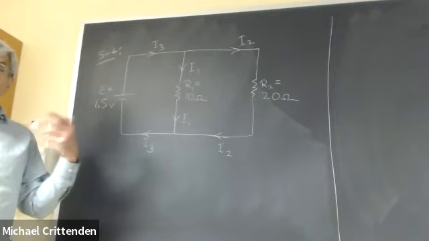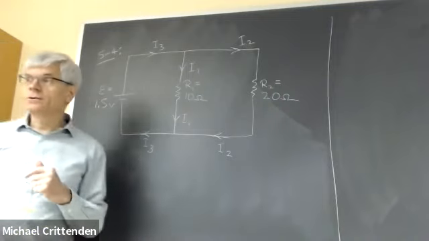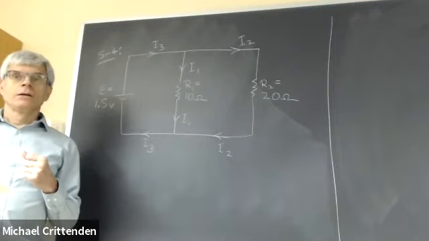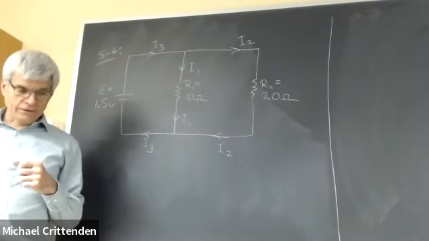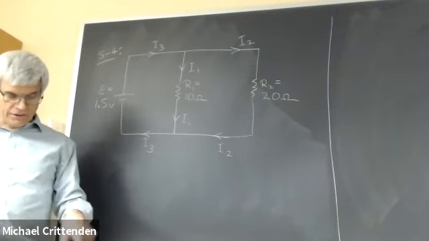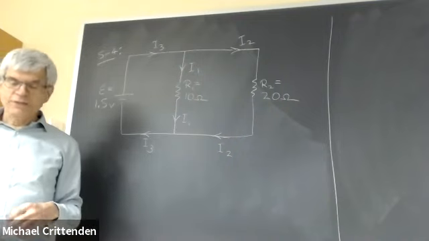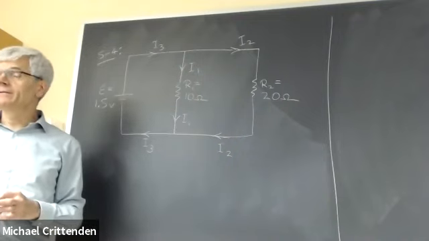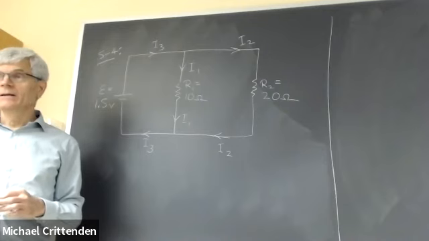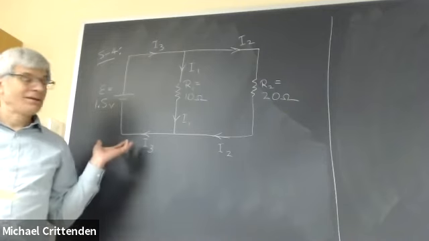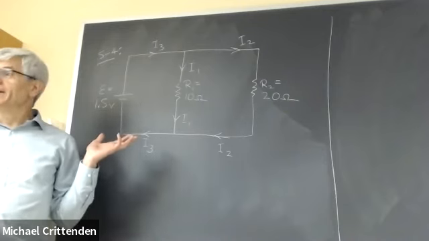So pick a loop. How do you know which one to pick? Well, if you've done this for a while, you can look at it and say, if I use this loop, that'll give me a simpler equation than that loop. But if you haven't done this for a while and don't notice anything like that, really, there aren't that many loops.